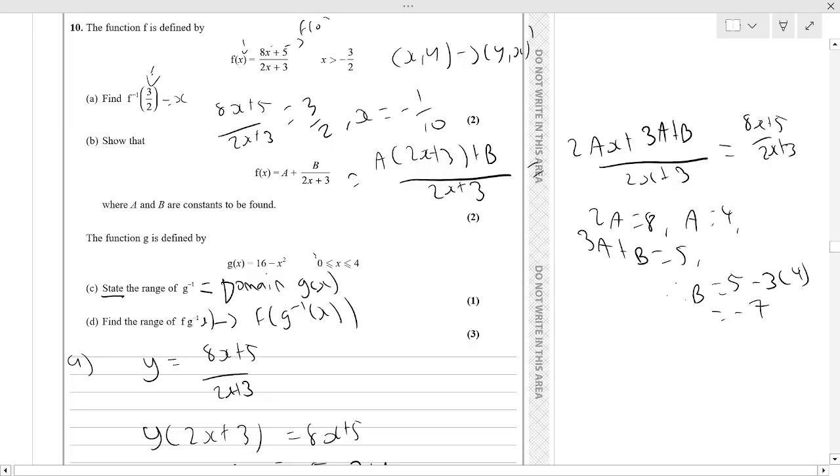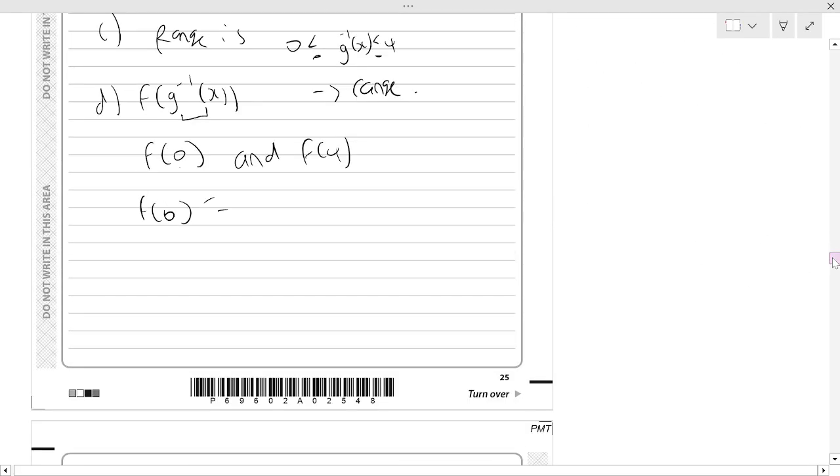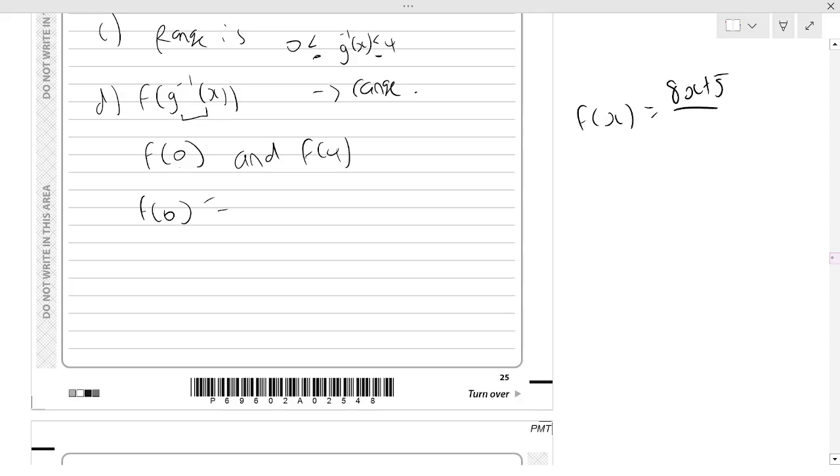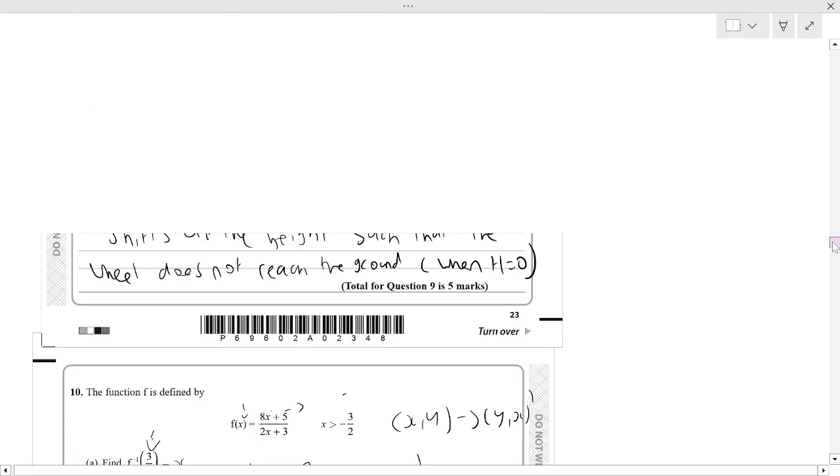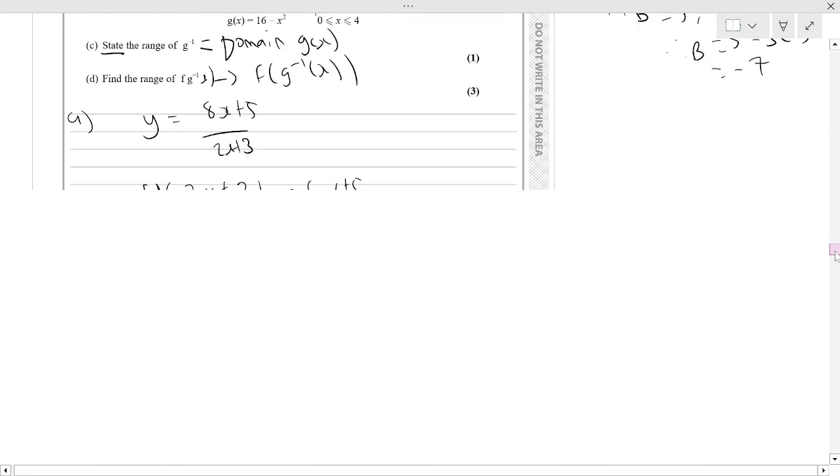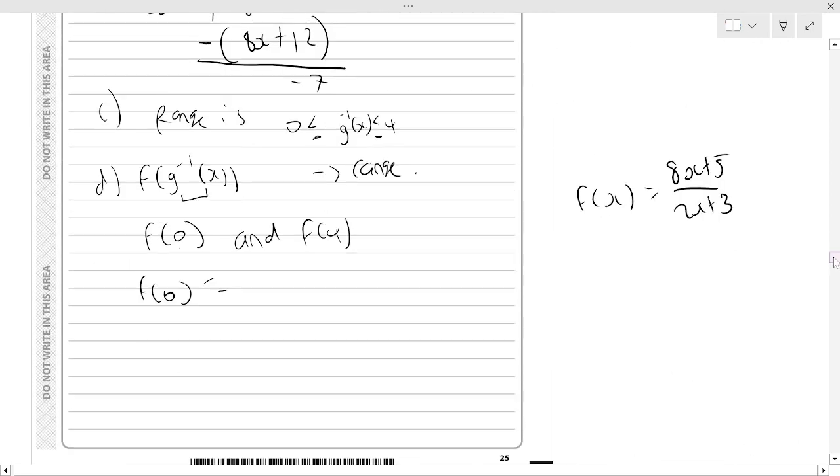So f of 0, I should show my working, shouldn't I? I'm going to say f of x is, again, over here, 8x plus 5 over 2x plus 3, cool. So f of 0, if I plug 0 in, is going to be 5 over 3.